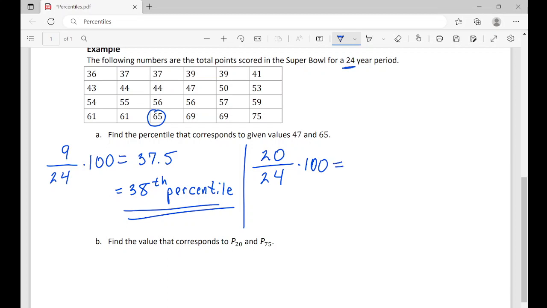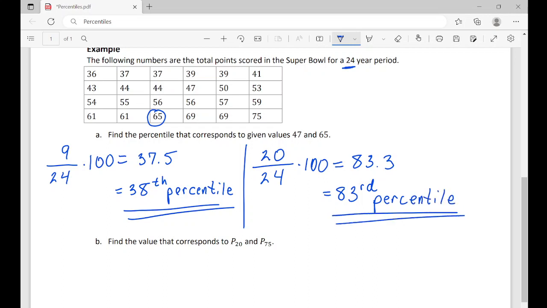Again we do the arithmetic and we get 83.3. And again, we round that to the nearest whole number, which is just 83. So 65 corresponds to the 83rd percentile. That's how you find what each specific value corresponds to for a percentile.